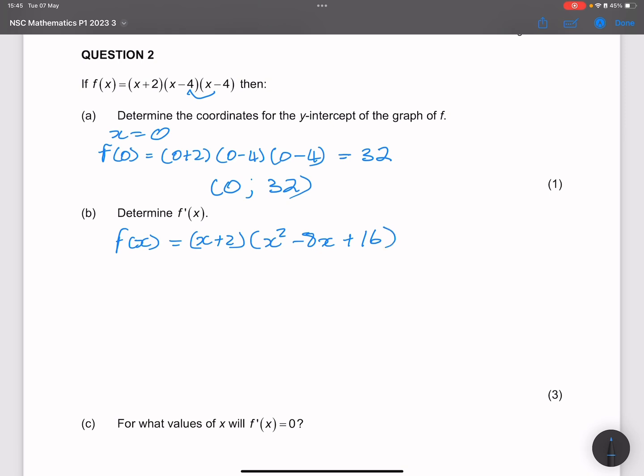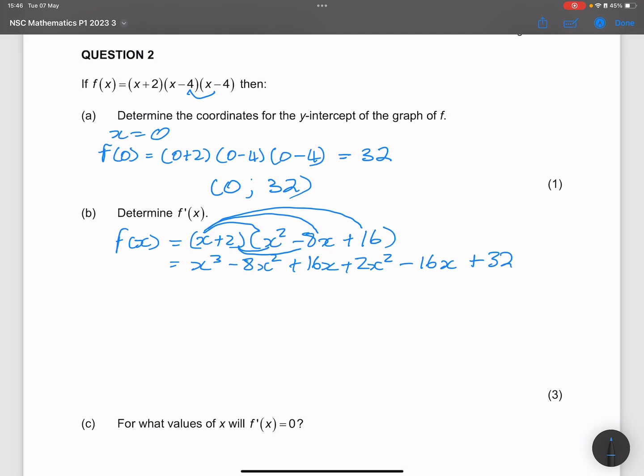And so if we multiply that out, we'll have x cubed minus 8x squared plus 16x, and plus 2x squared minus 16x, and 2 times 16, that's plus 32.